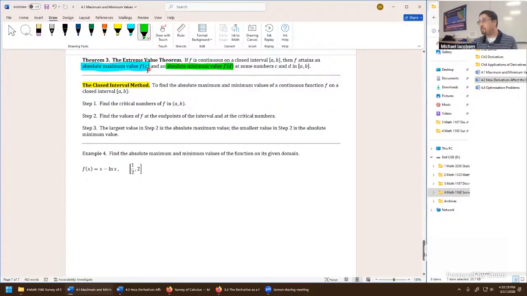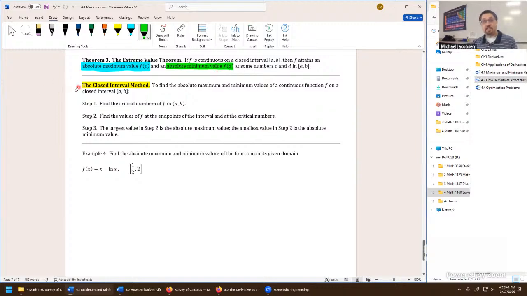Or said better, there will exist numbers c and d inside the domain, the closed interval from a to b, possibly the endpoints or somewhere in the middle, and maybe multiple values as well, but there will be at least one value, c, that leads to the absolute maximum, and at least one value, d, that leads to the absolute minimum, f at d.